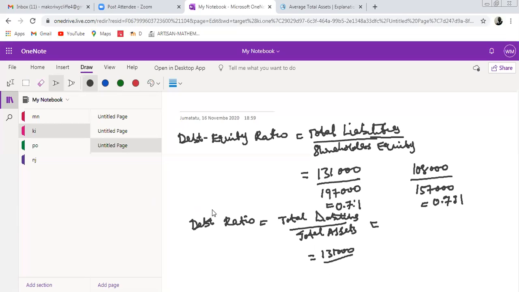$328. So you can compute that. The other one, the total assets: 92 plus 87 plus 42 plus 44, that is $265.